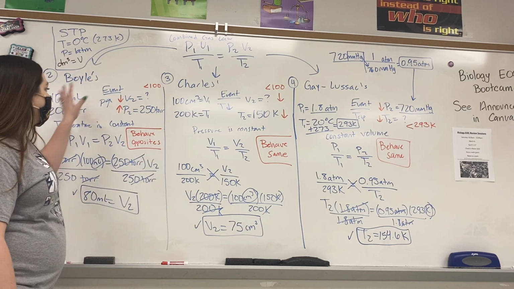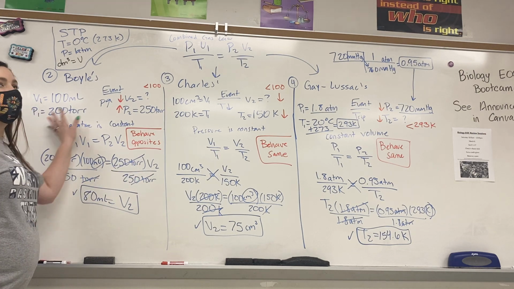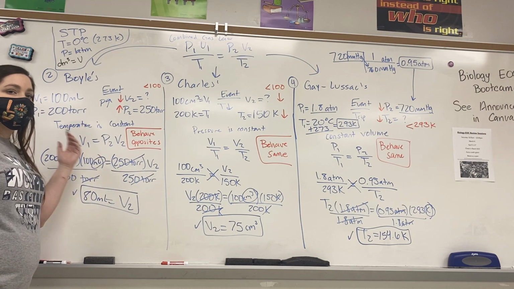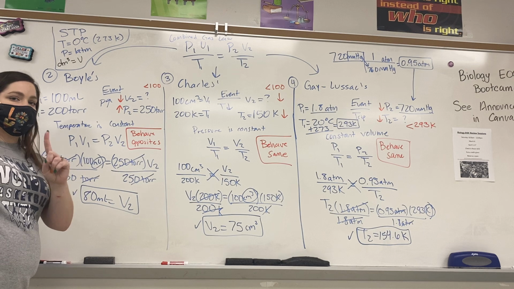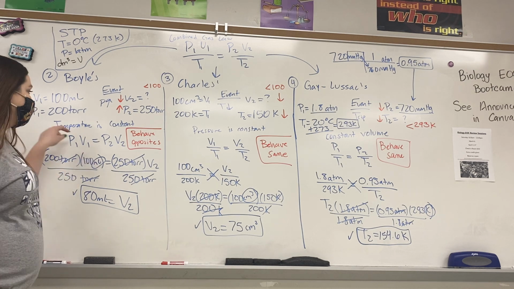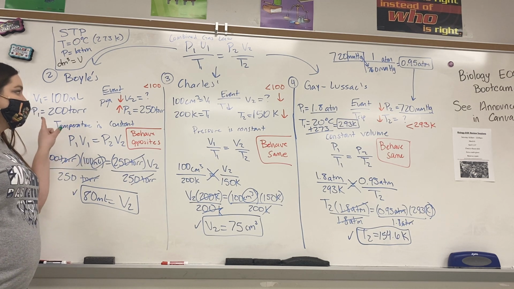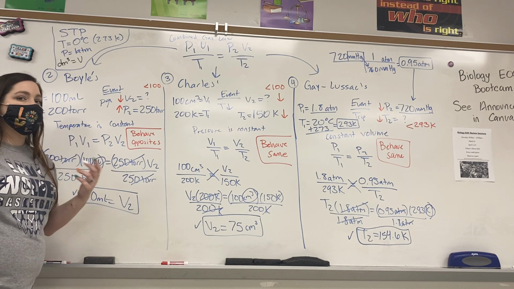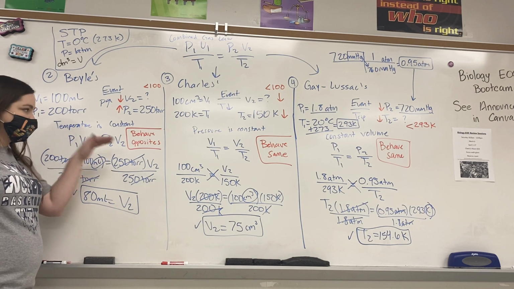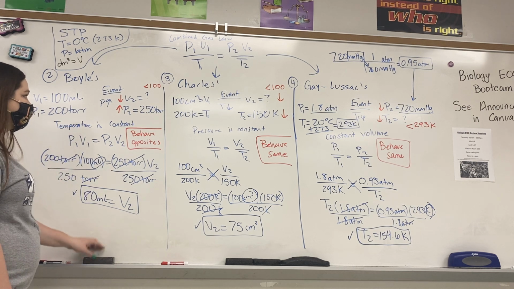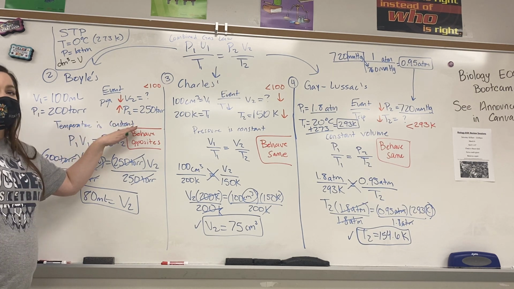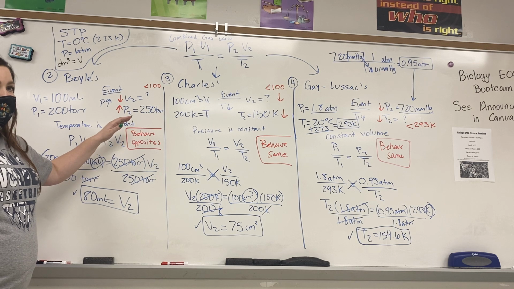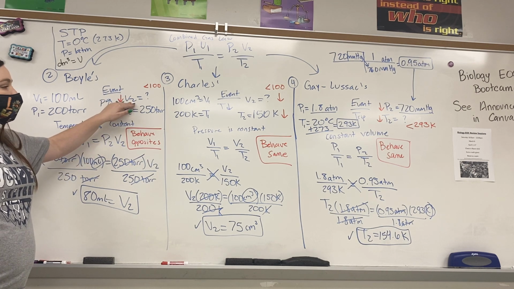So for Boyle's law, let's say that our problem gave us a temperature, but only gave us one value for temperature. So it didn't say that temperature is constant. Instead, it gave us only one value. Well, if it only gives us one value for temperature, and it doesn't ask us to solve for the second temperature, because it still asked us for what the volume was.